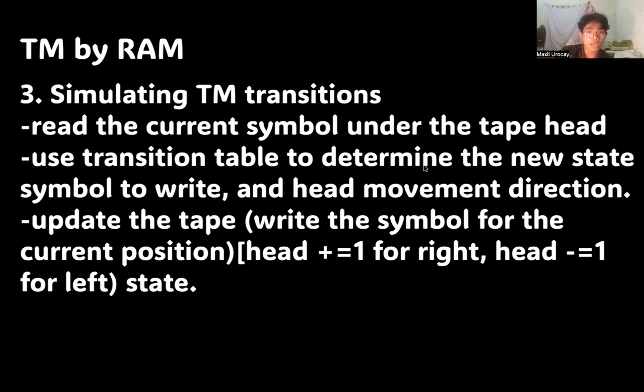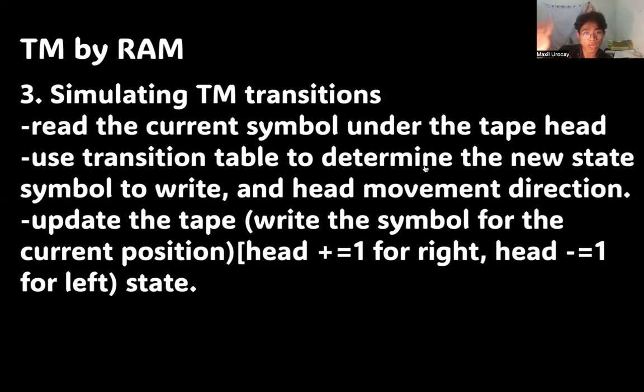After that, we use the transition table to determine the tuple that we have: the new state, which is Q with hyphen, the symbol to write, which is A with hyphen, and the head movement, the direction that we mentioned. Afterwards, we write the new symbol to the current tape position and move the head.